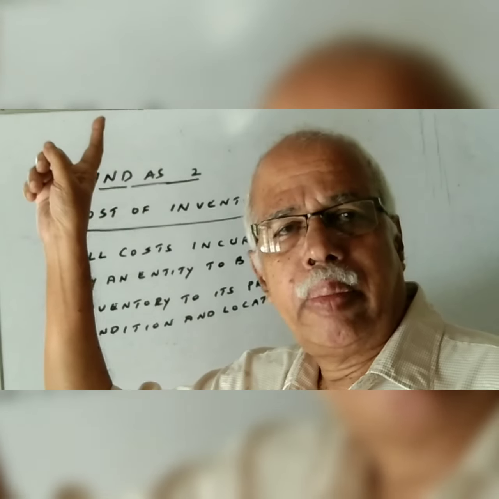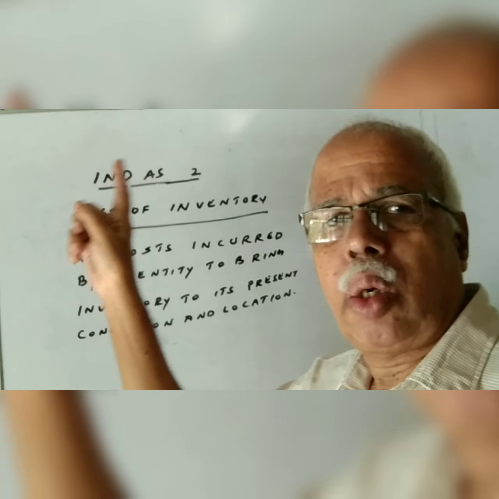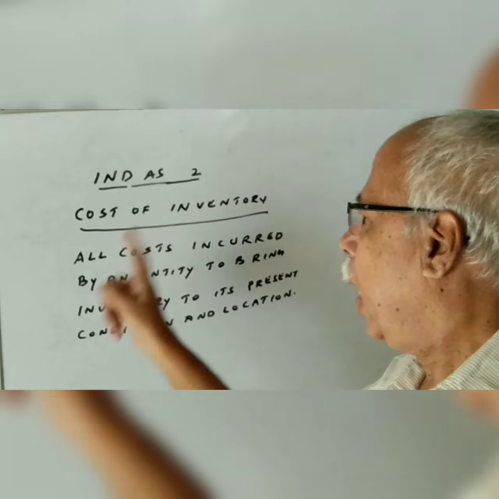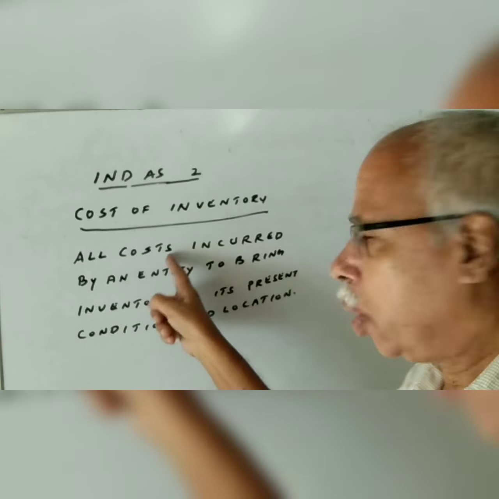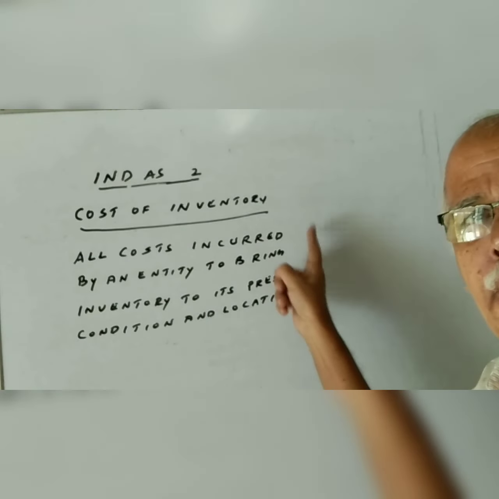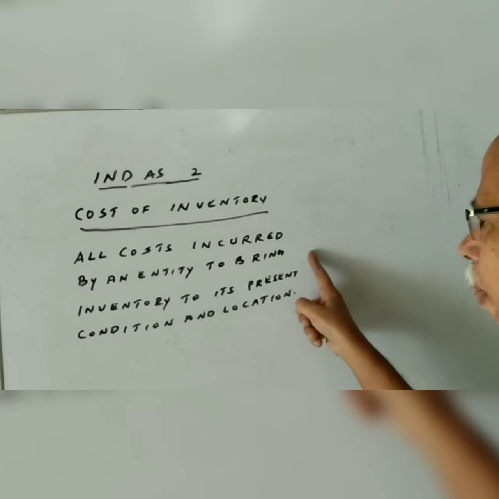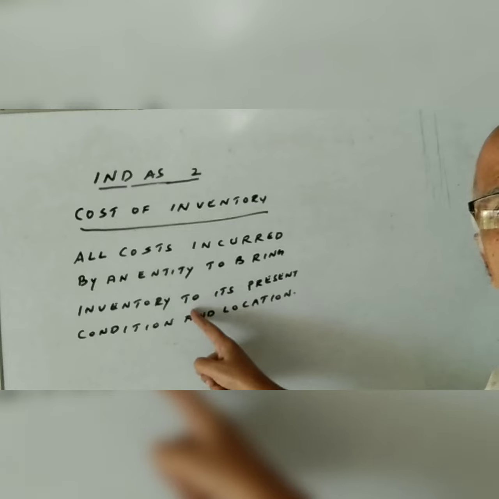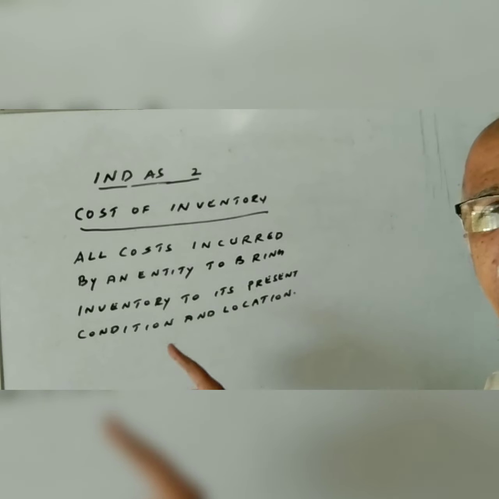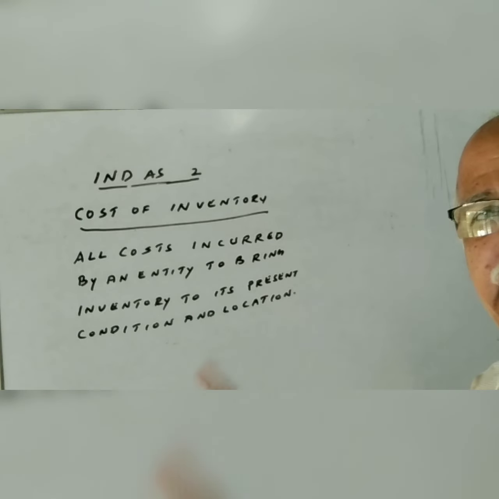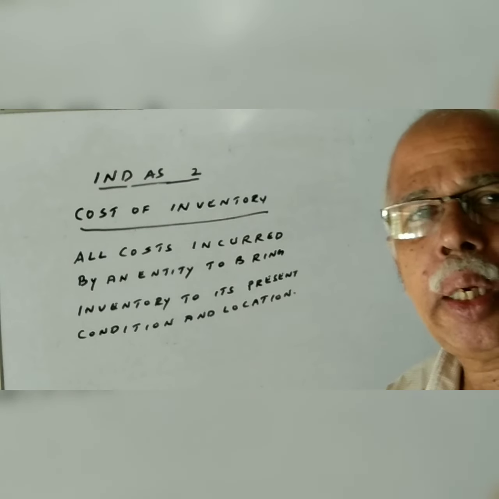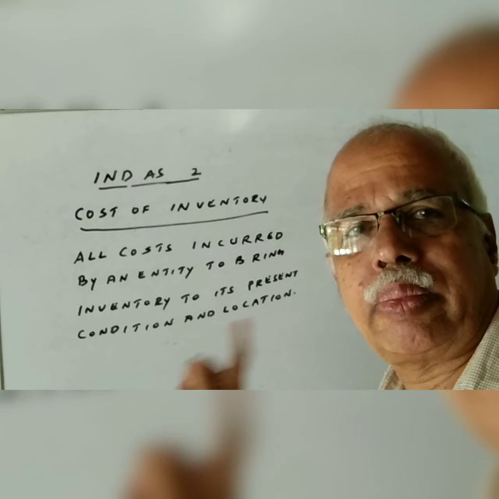The standard defines the cost of inventory as all costs incurred by an entity to bring inventory to its present condition and location, that is from the point of supply to the warehouse.